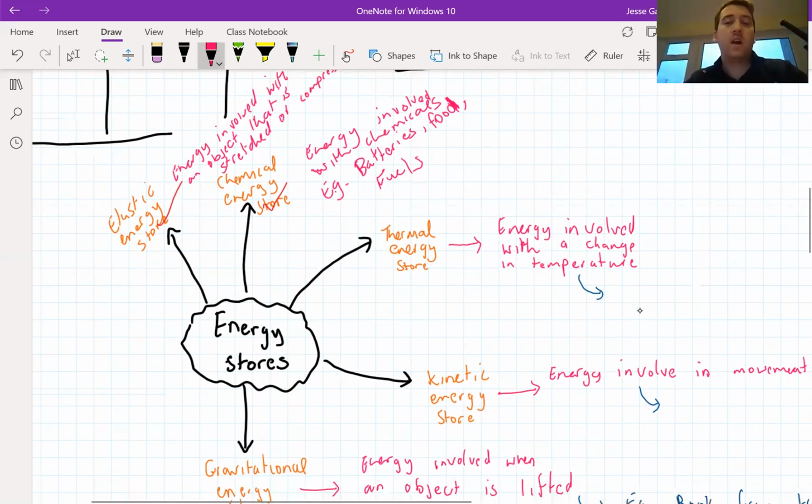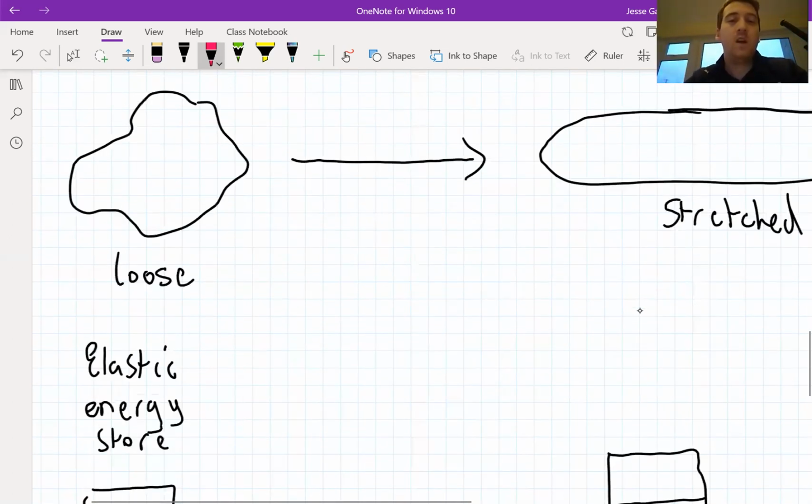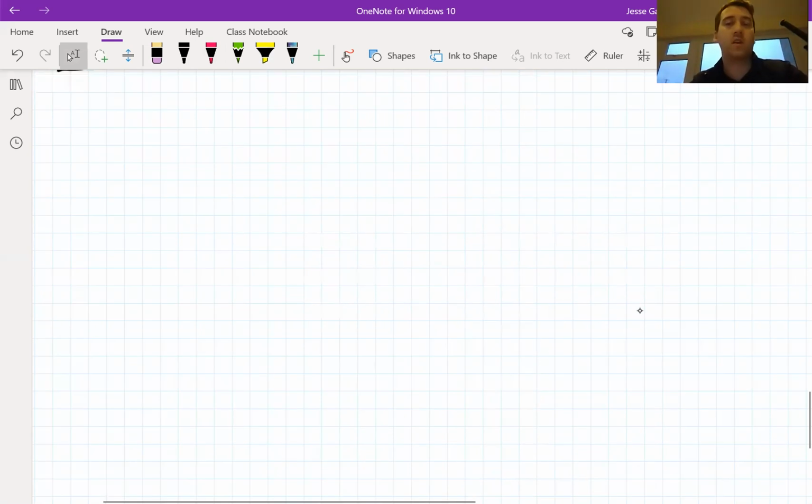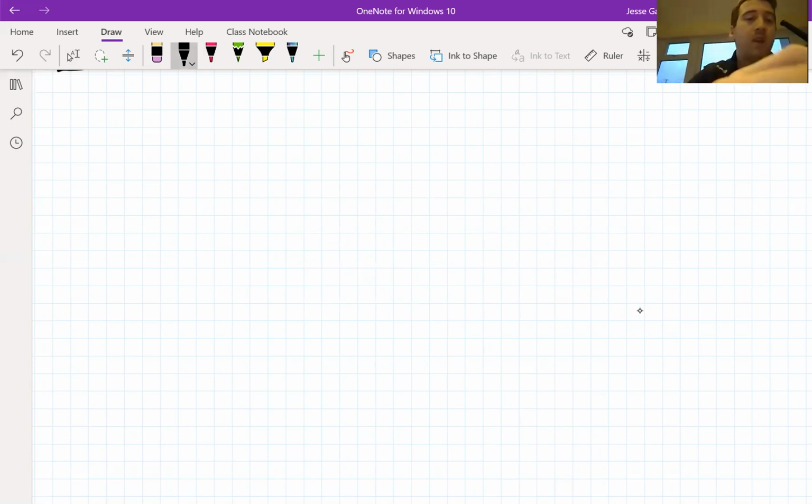Good stuff. All right, now, there are 3 more energy stores, which I'm just going to talk about briefly. We're not going to focus on them. We're going to focus on those first 5. But there are 3 other ones, which I'm just going to mention. We have something called the nuclear energy store, which has got to do with the energy stored inside an atom.